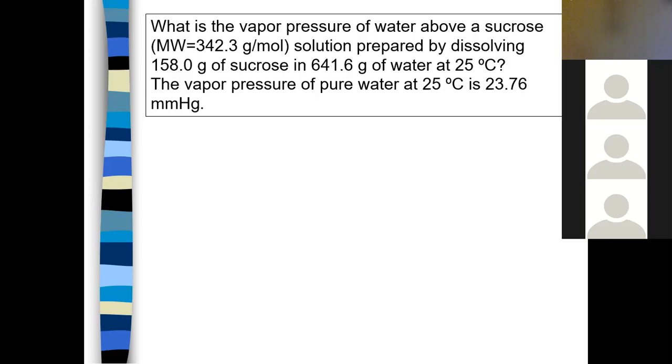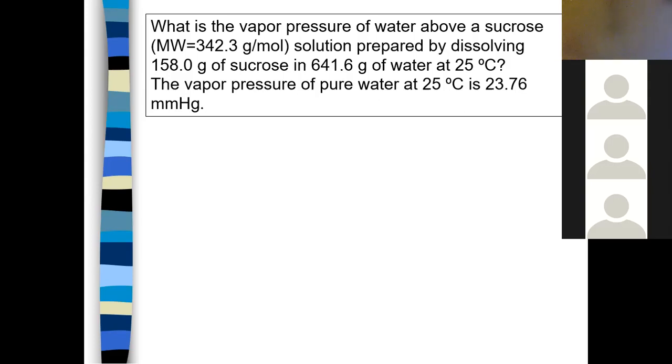The vapor pressure has to go down. So it couldn't be bigger than 23.76. It also can't be equal to 23.76 because it has to go down. So maybe there are two choices on your multiple choice question you could just cross out, because one went up and the other stayed the same. Now there might be two more choices left. So maybe you have a 50-50 chance, or as you'll see by the end of the question, maybe you could have canceled out one of those other choices as well.